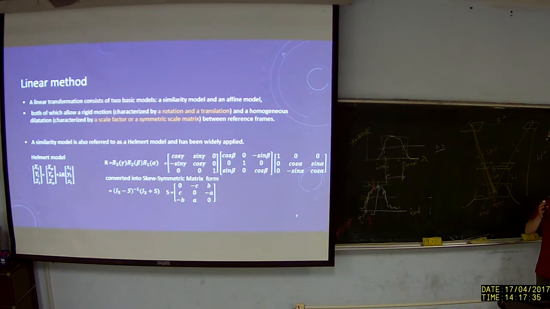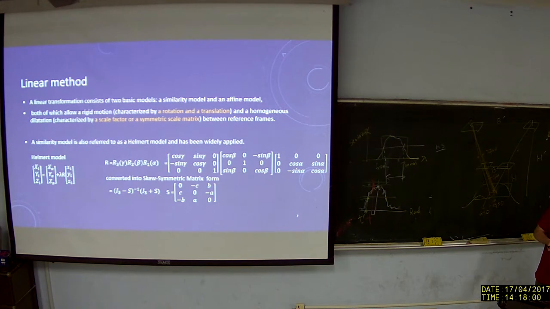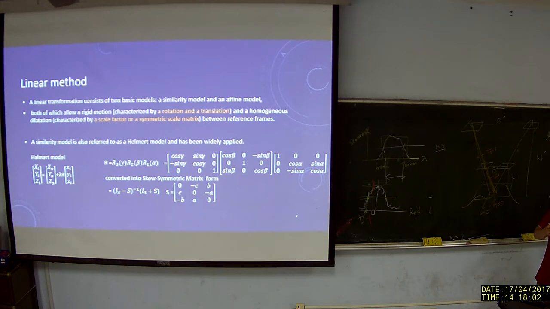The similarity model is also referred to as a Helmert model. You can see the rotation matrix, including the three rotation parameters, allows the homogeneous dilatation, and it can be converted into the skew symmetric matrix form.